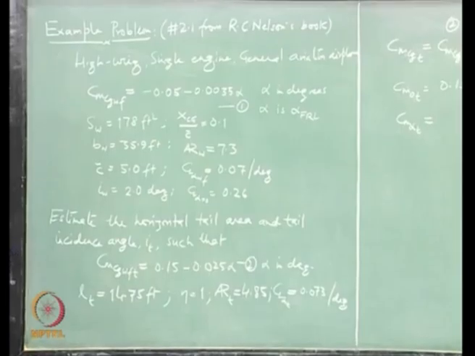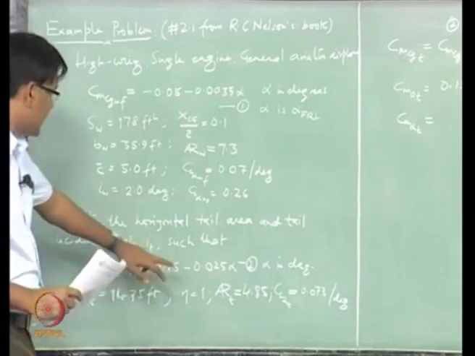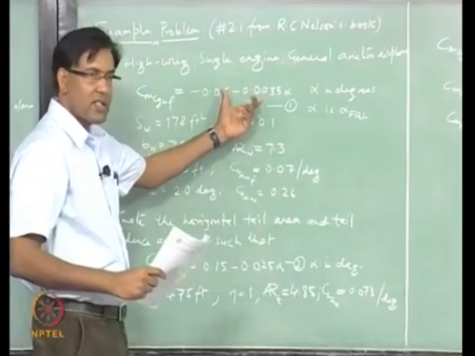What is Cm alpha tail? Minus. So again this minus this, right.